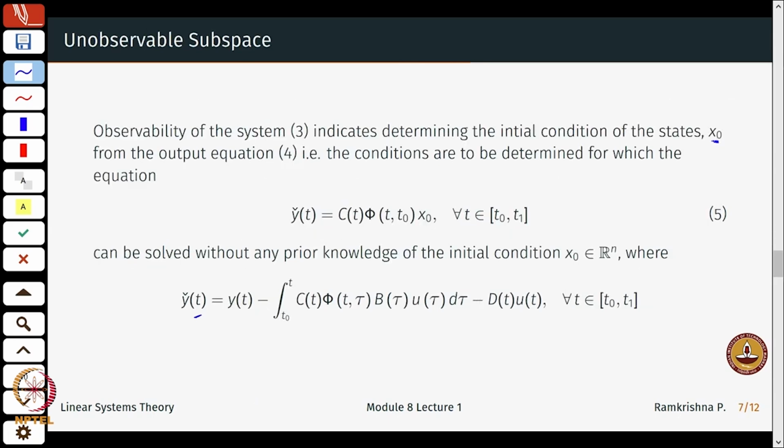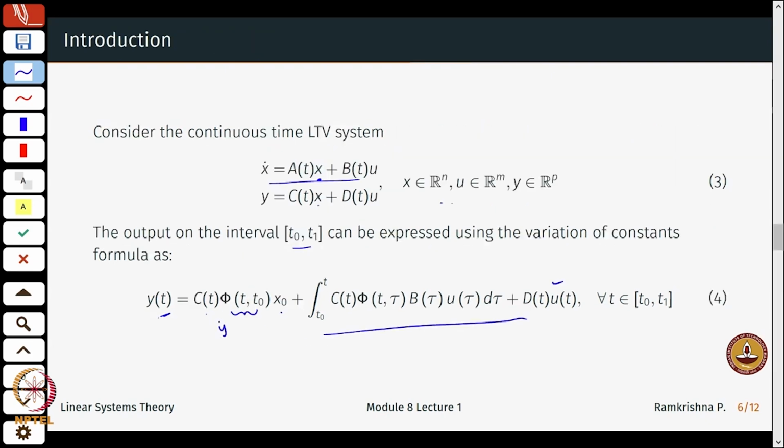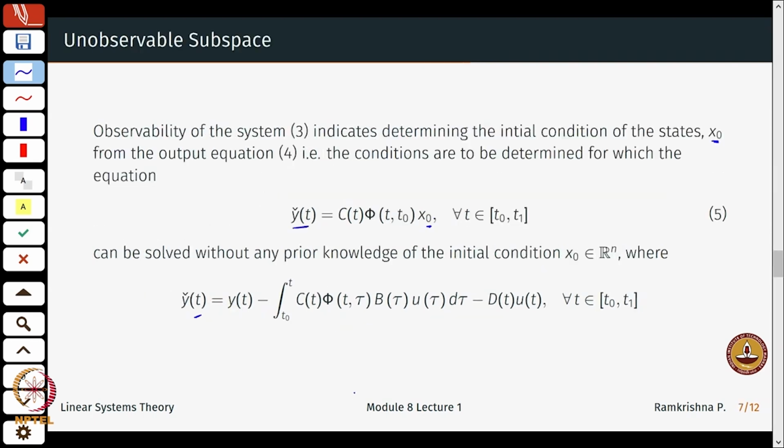So I want to determine x naught having known this y tilde here. I call this y tilde, and it just turns out to be y of t minus this entire term here. Now, can I solve this problem?